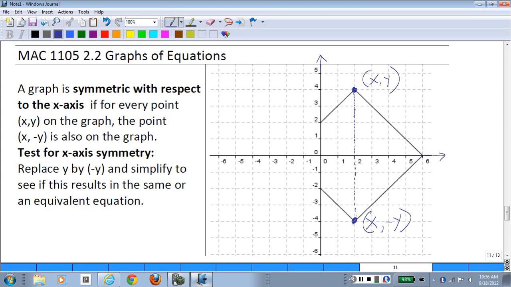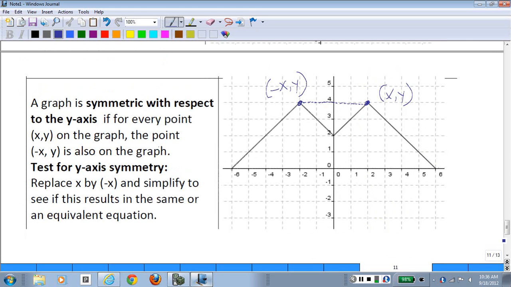What we can do in our equation, if we suspect that its graph may have x-axis symmetry, is substitute x for x and negative y for y, and if we can make it look like the original equation, then we've shown that it actually does have x-axis symmetry. Now, substituting x for x really doesn't change anything, so we don't emphasize that, but what we do emphasize is that we want to replace y by negative y.